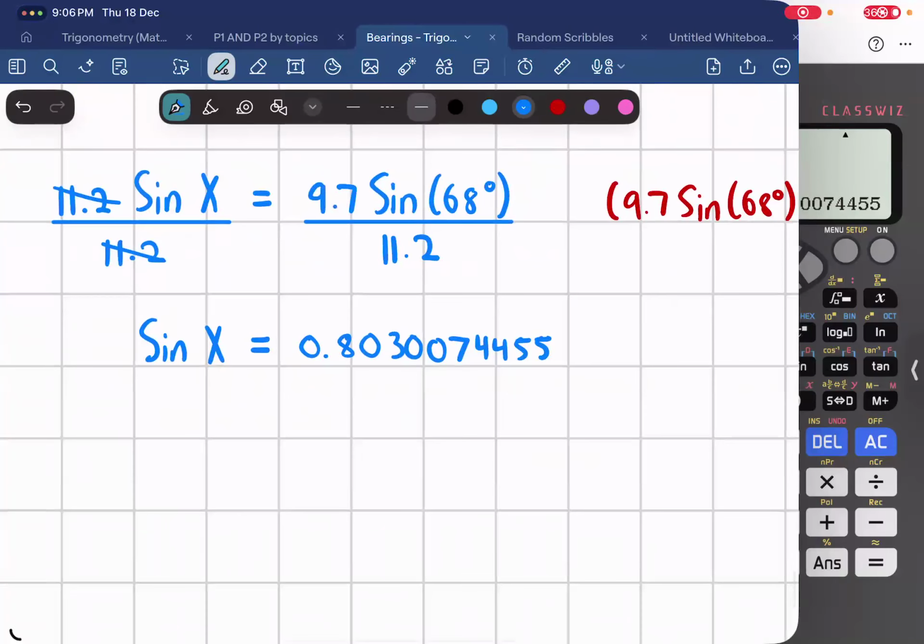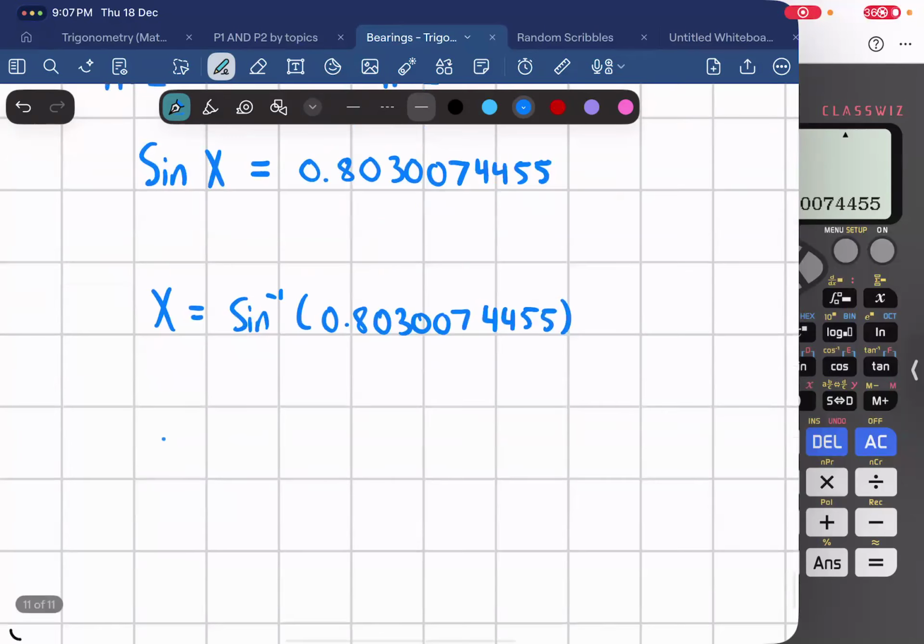And the next step: we have sine x, so to find x you need to apply the inverse function for sine. Tell me, Perseus, what's the opposite of sine? Sine inverse. Right. So you're going to find sine inverse of 0.8030074455.